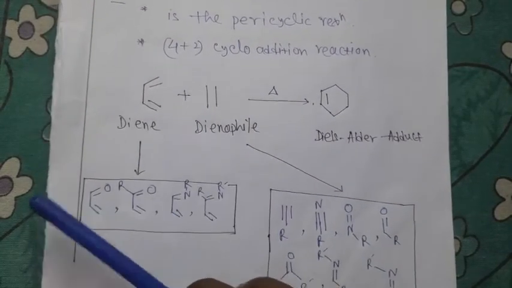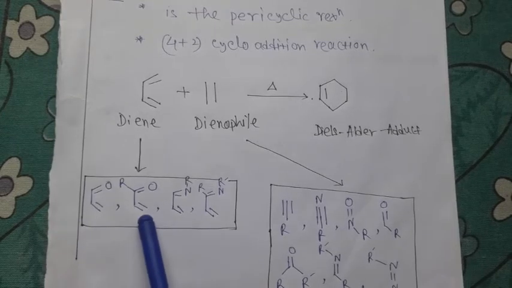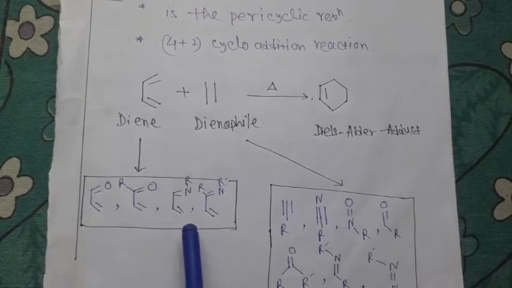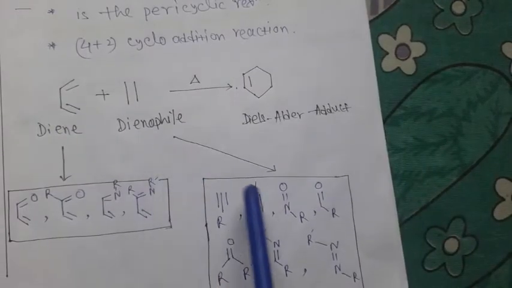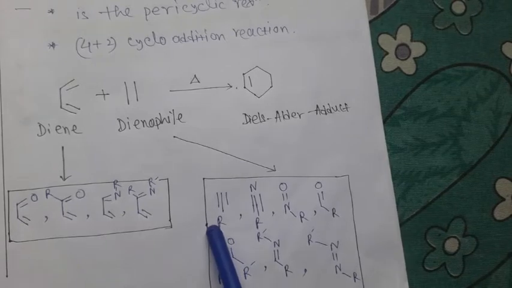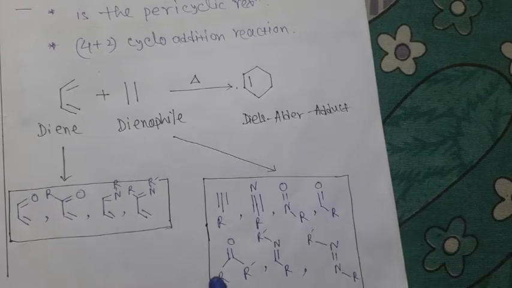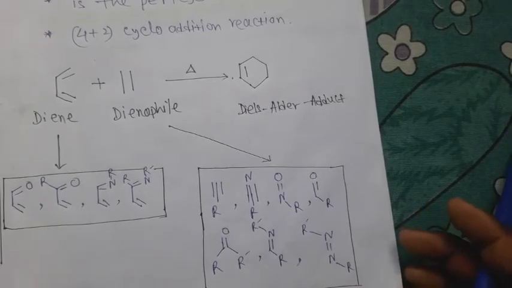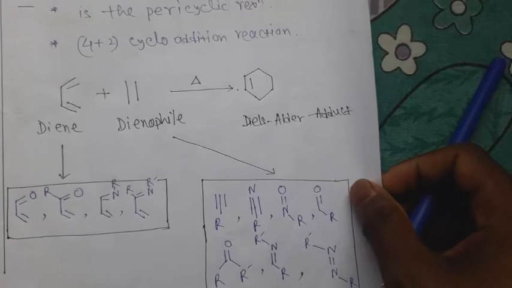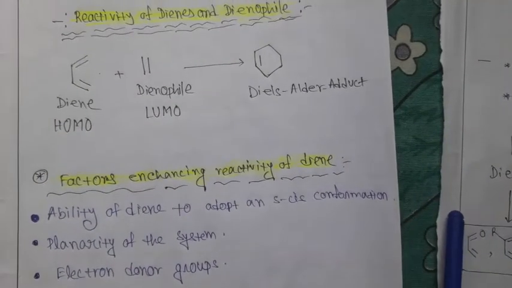Instead of diene, we can use alpha beta unsaturated aldehyde, alpha beta unsaturated ketone, and alpha beta unsaturated amine, and instead of dienophile, alkyne, nitrile, nitroso, aldehyde, ketone, amine, and azo compound, etc. If the Diels Alder reaction leads to the formation of a heterocyclic adduct, then it is called hetero-Diels Alder reaction.